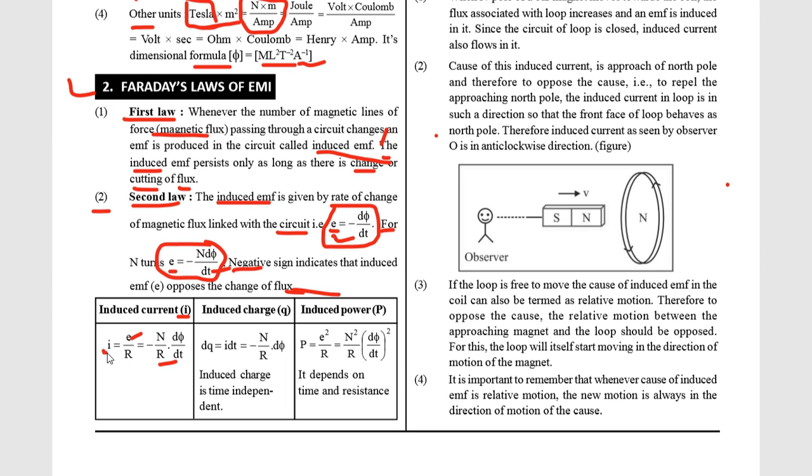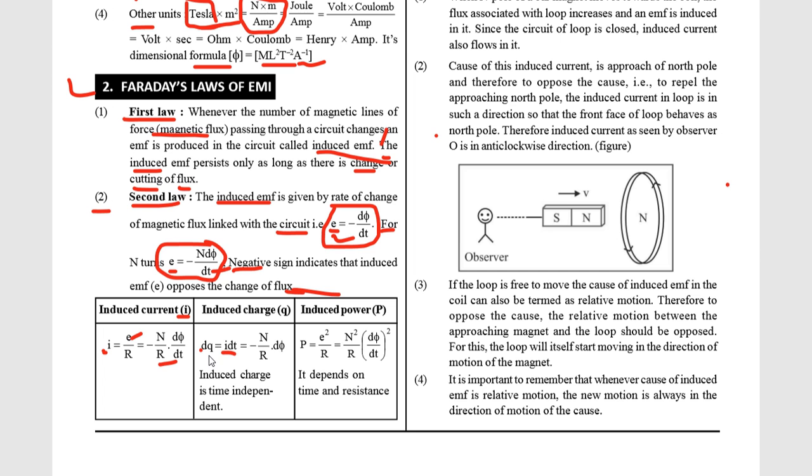Now if you want to find the induced charge, since you know that dq is equal to I into dt, you can substitute the value of I from the previous equation. So you will get minus n upon R into d phi, because this dt is cancelled by this dt.